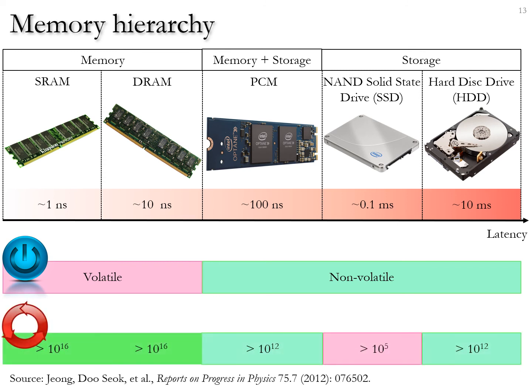Also, there is another important memory feature which is called the endurance. The endurance number indicates the number of cycles we can cycle a memory without deteriorating its features. By maintaining two states, we can cycle the SRAM and DRAM up to 10 to the power 16 times, which is a very large number.